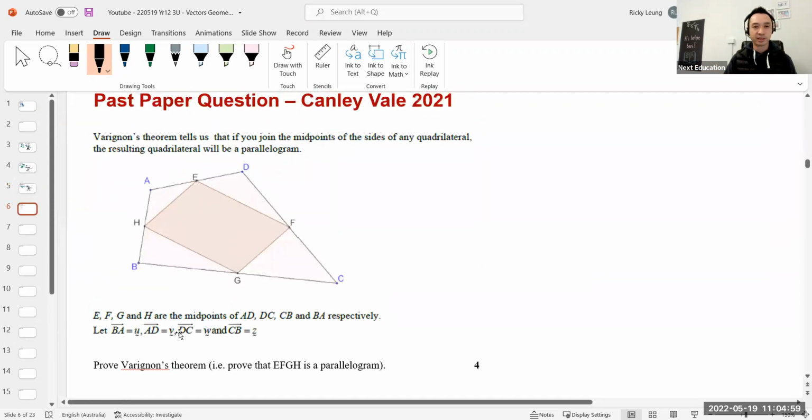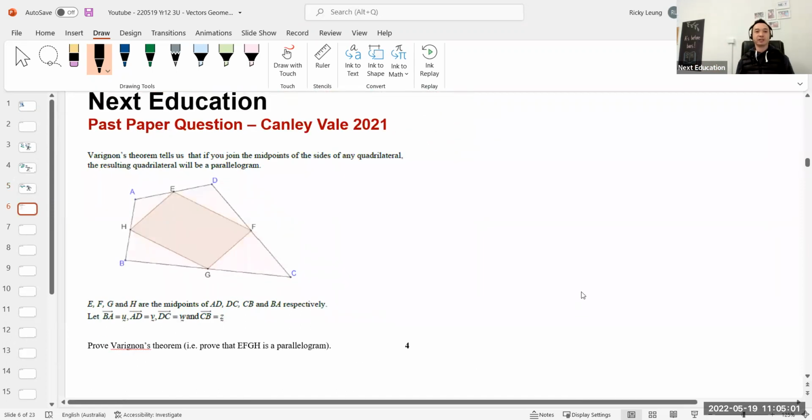So guys, this is a question from Canley-Val. It's a classic, Varignon's theorem. Now I have no idea how it's actually pronounced. Varignon's theorem tells us that if you join the midpoints of any quadrilateral, the resulting quadrilateral, this pink one, will be a parallelogram.